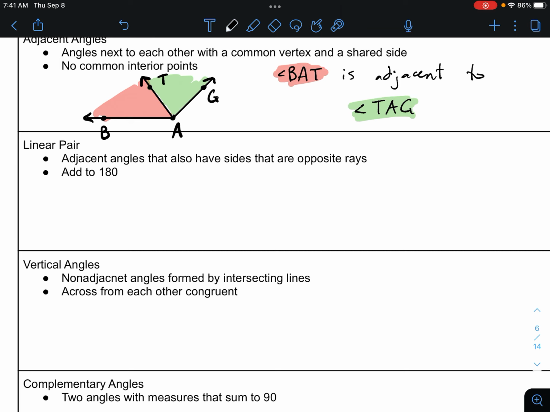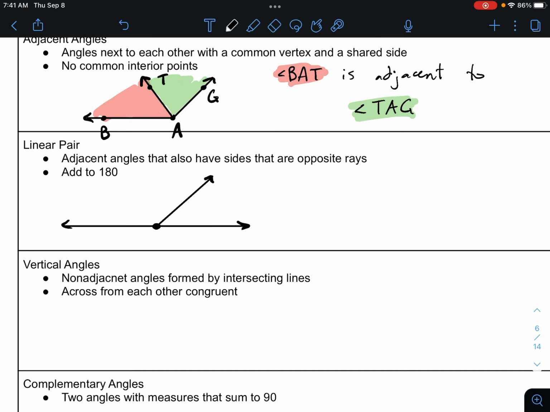Linear pair: these are adjacent angles that also have sides that are opposite rays. Opposite rays, remember, form a straight line. So basically we get a straight line going here, and then from somewhere on this line, we now have two opposite rays. I can draw another ray coming off of this.